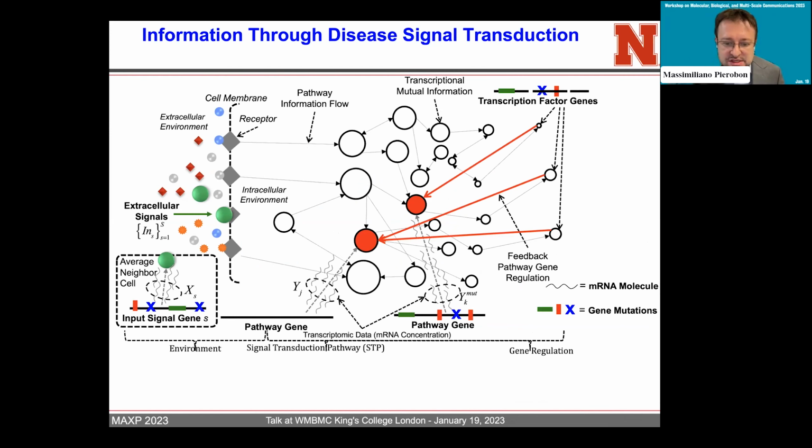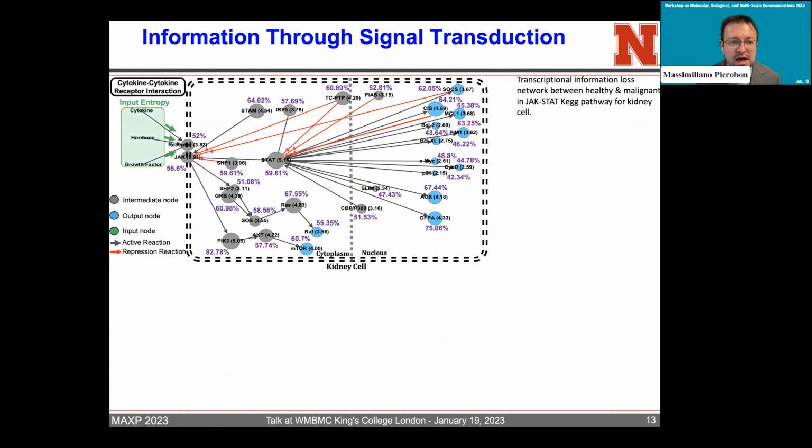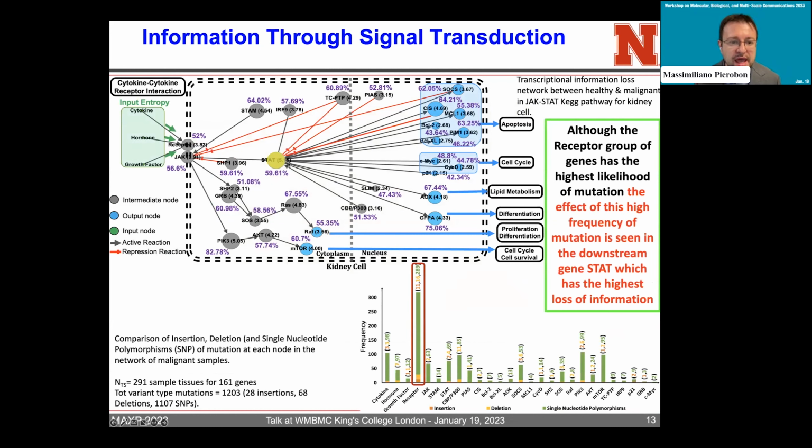And we can understand, by simulating this network both for cells that don't have any disease, so healthy cells, and cells that have a disease, in this case kidney cancer, what happens to the information and where I have information loss. And what we found out is that there was a specific node here where I have most of the information loss. I have mostly 60% of the information that I'm losing.